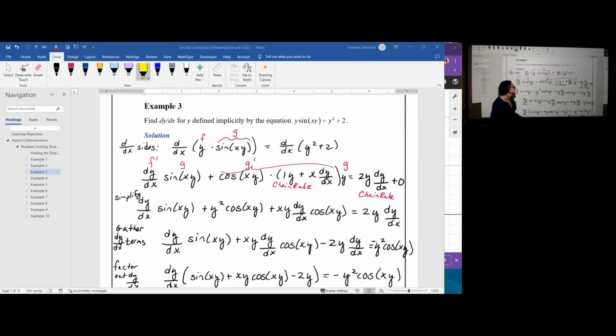Let's compare our results. First, we take the derivative of both sides. This will invoke the product rule first on the left, where f is the variable y and g is the sine of xy.